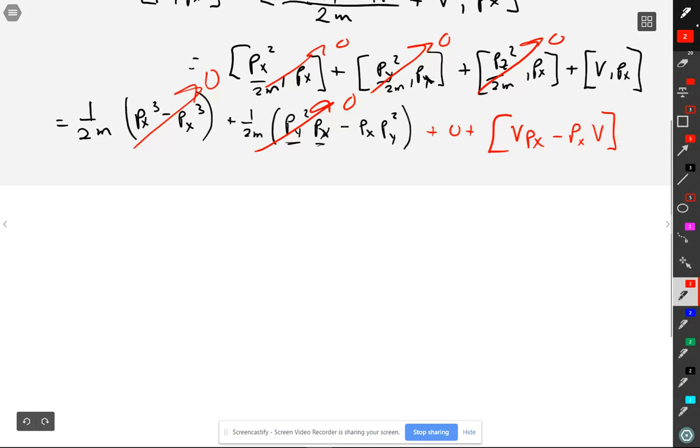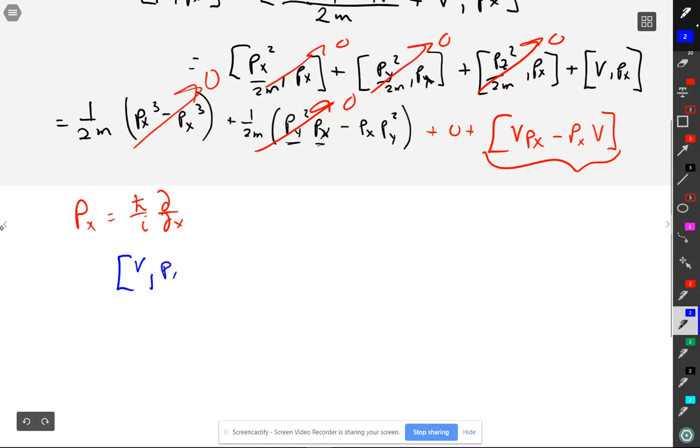And so now I'm going to have to figure out what this is, which is going to be something a little more challenging. So I'm going to use my definition that PX is equal to h bar over i d/dx, and put a psi at the end.